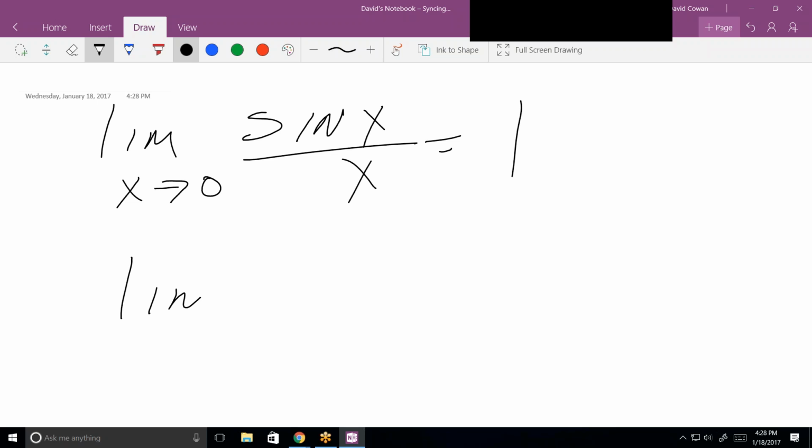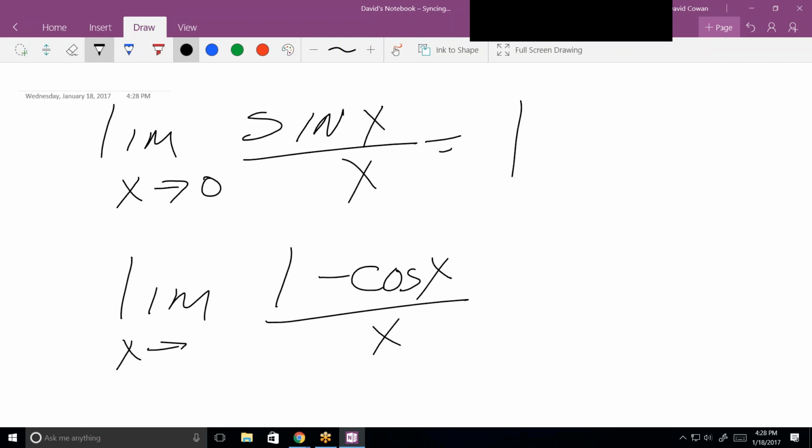And memorize this: 1 minus cosine x over x as x goes to 0. That whole thing goes to 0. And between those two, you should be able to solve every one of the exercises from 67 on.